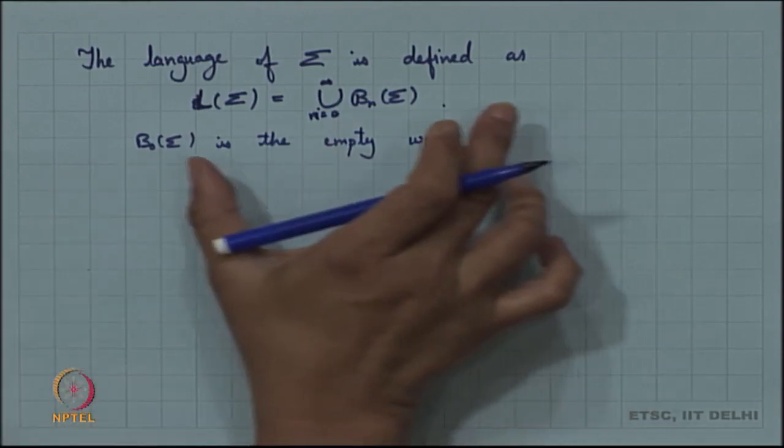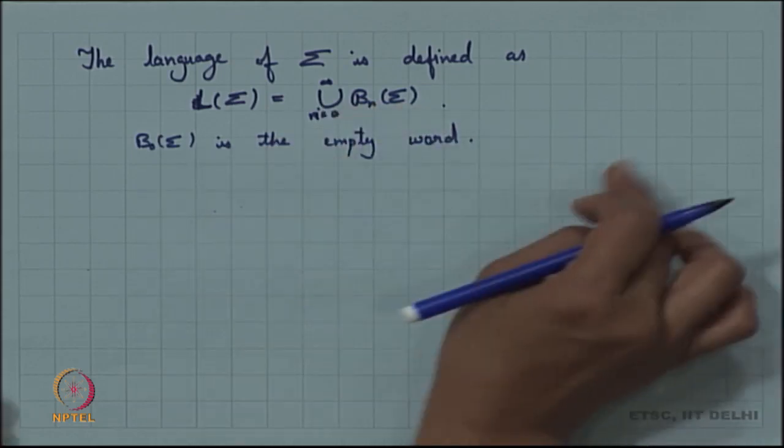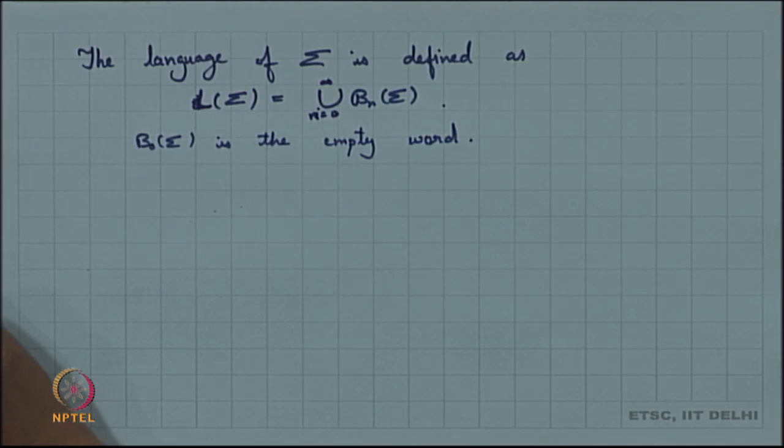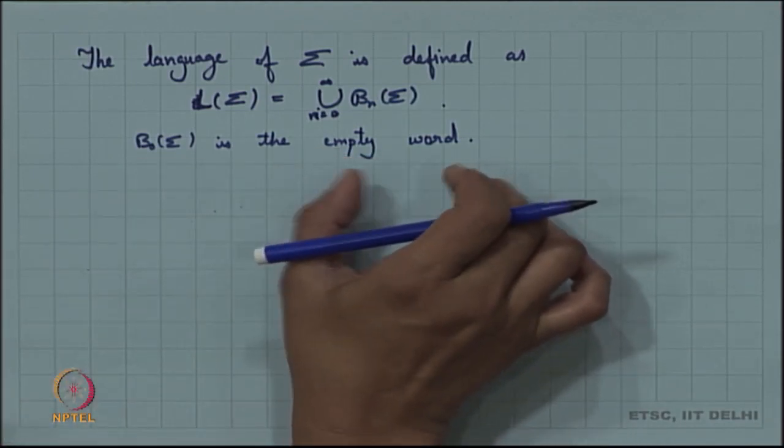Now, one thing one can say about a language here is, because a language is just a collection of words, it can also be thought of as a semigroup with the operation of concatenation.